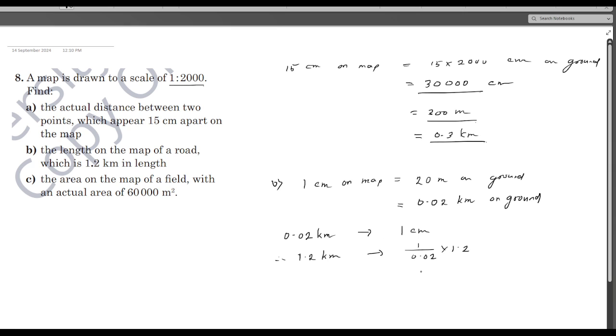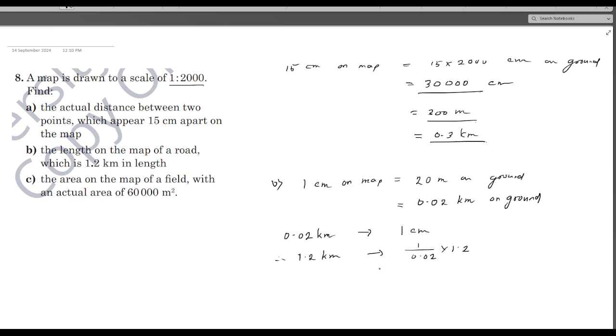Okay, I am not explaining this in detail. 0.02 kilometer, if it corresponds to 1 centimeter, then 1 kilometer will correspond to 1 divided by 0.02, I am dividing both the sides by 0.02, and then I am multiplying both the sides by 1.2. So this is a unitary method. For 1 kilometer you will figure out what is distance on the map, and then for 1.2 kilometer.